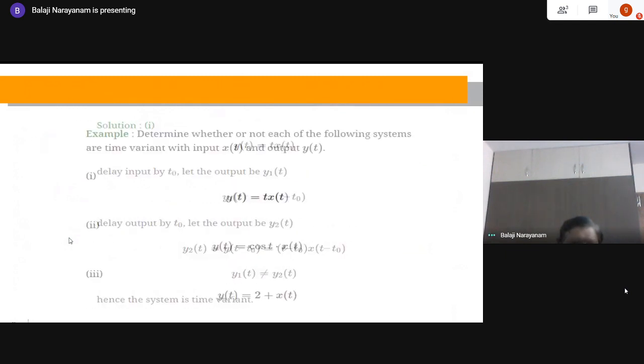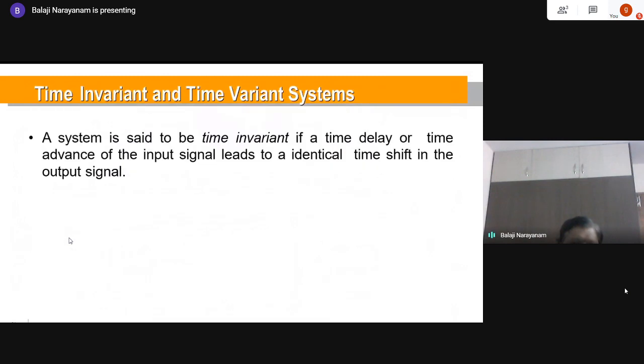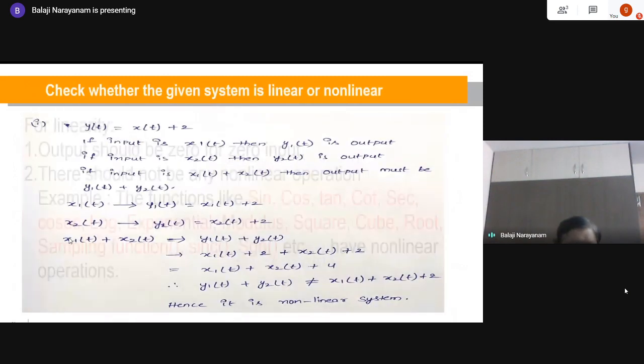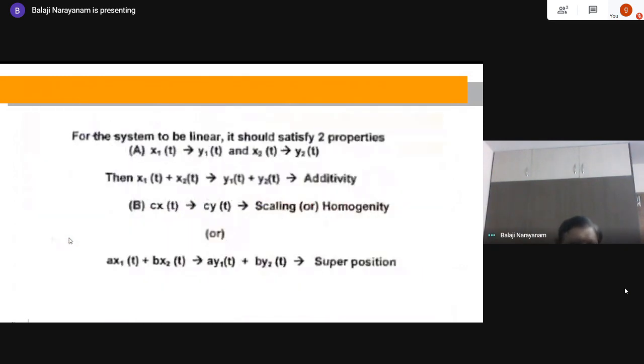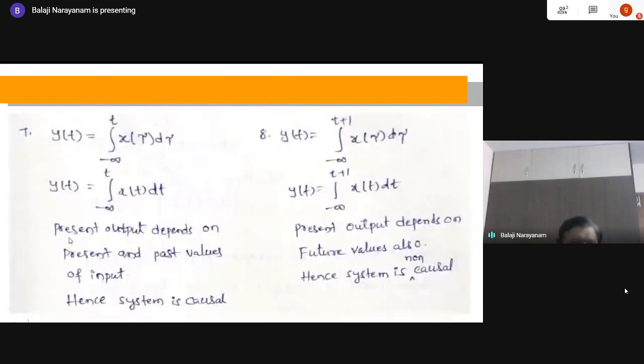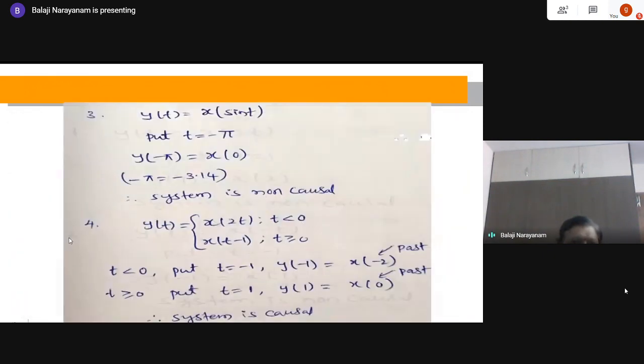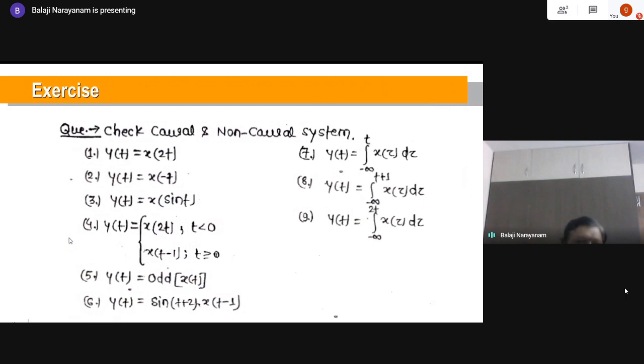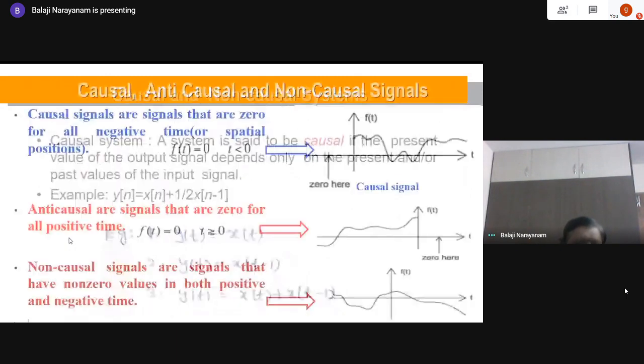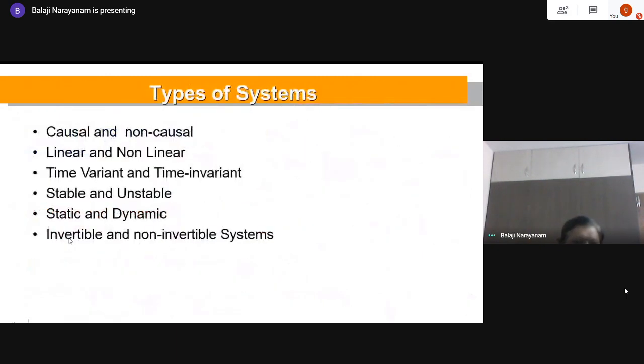All these system classifications, time invariant, time variant, we have done a detailed discussion, and problems based on these concepts we have finished. And tomorrow we are going to discuss LTI systems and other important topics.